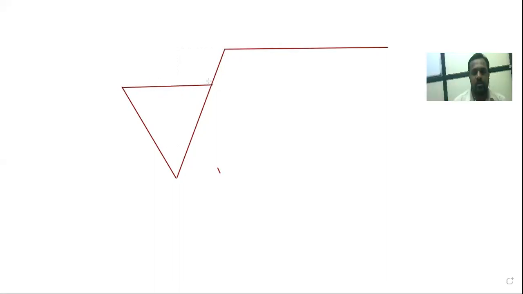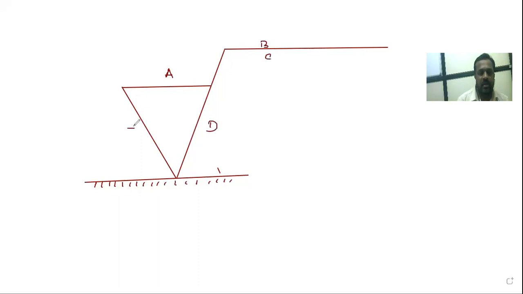See, this is the surface roughness symbol, and this is the surface. If I write here like this: A, B, C, D, and E.